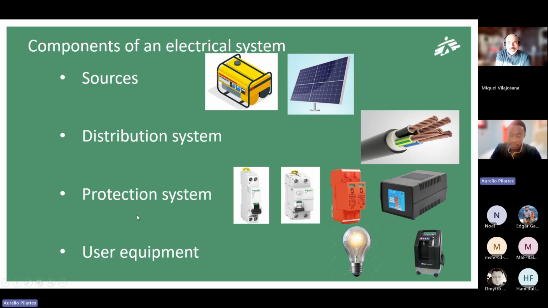And then, apart from that, we have the protection system, which as you all know is mainly composed of MCBs, SPDs, AVRs, and all these devices. They are meant to protect your system: your cabling, the whole installation, your equipment, and even people.